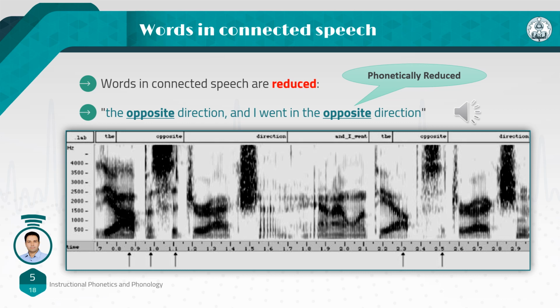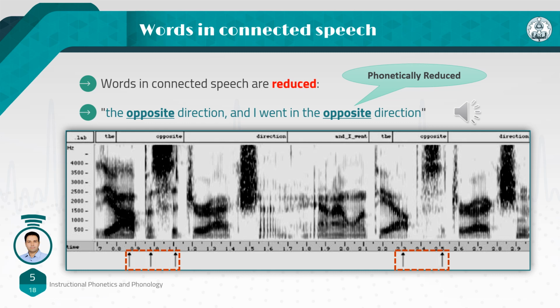But even with only a little explanation of how to read a spectrogram, you should be able to tell that the word opposite was said in two different ways in this utterance. As you can see, there are arrows under the portions of the spectrogram that correspond to vowel sounds.